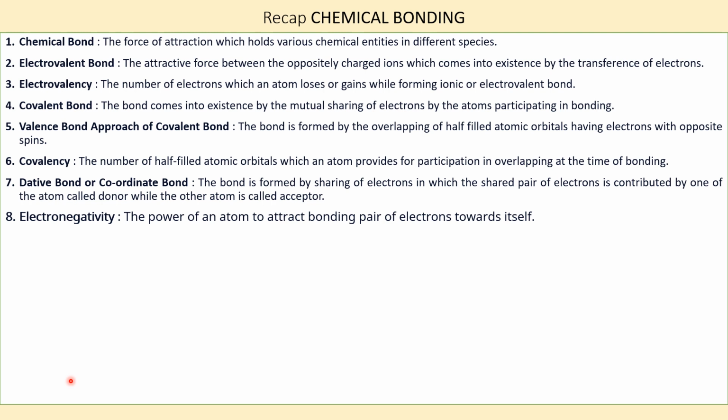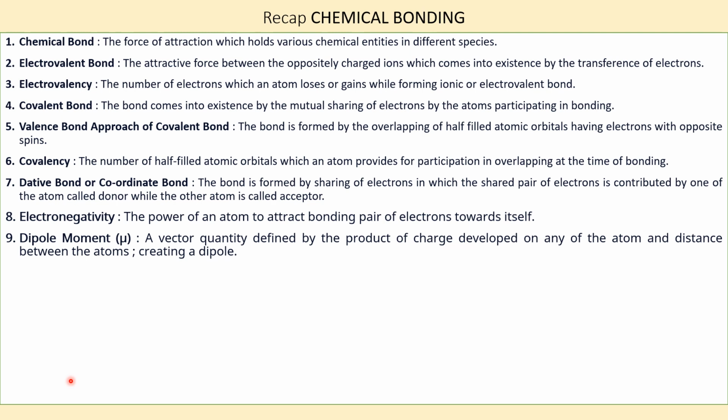Electronegativity is the power of an atom to attract the bonding pair of electrons towards itself. Dipole moment is a vector quantity defined by the product of the charge developed on any atom and the distance between the atoms, creating a dipole, and its symbol is mu.